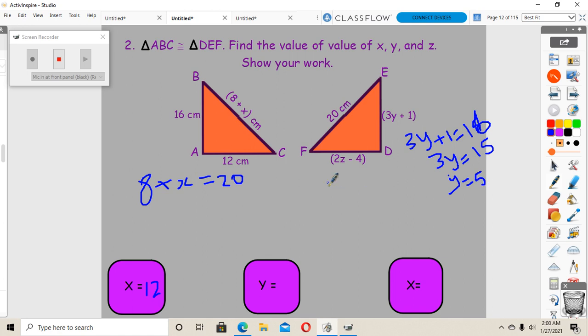Now we have Z. 2Z minus 4 is equal to 12, because AC and FD are the same. Then 2Z is equal to 12 plus 4, which gives us 16, so Z is 16 by 2, which gives us 8.